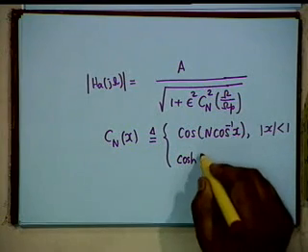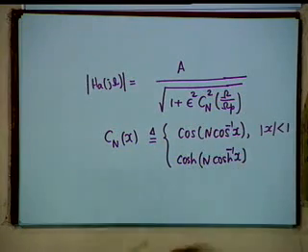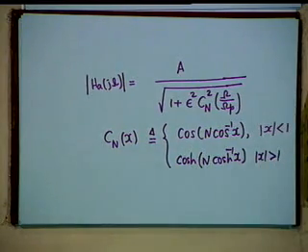Okay, cosh of n cosh inverse x for mod x greater than 1.